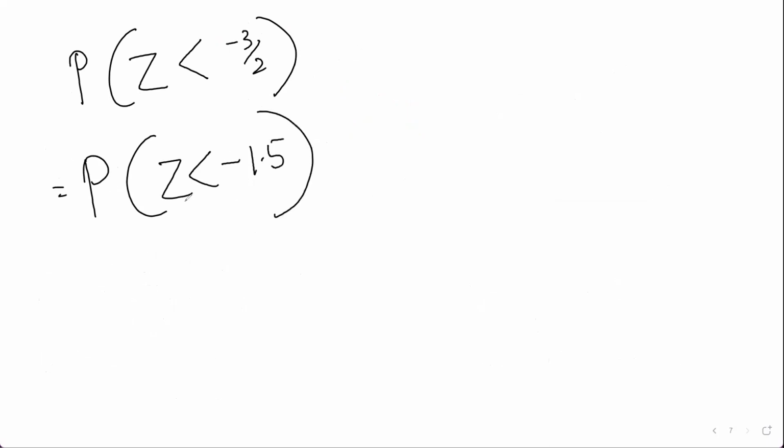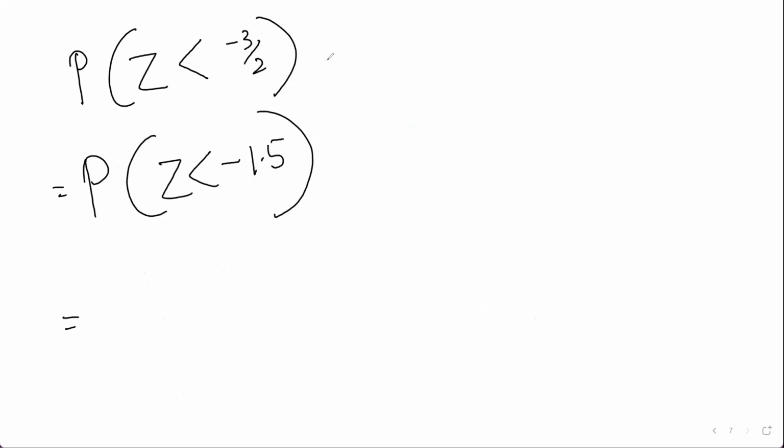Same thing, right? The probability of Z being less than negative 1.5. How do we find this? For that, we have been given statistical tables, right? The statistical tables are given to find the probability that Z is less than negative 1.5.